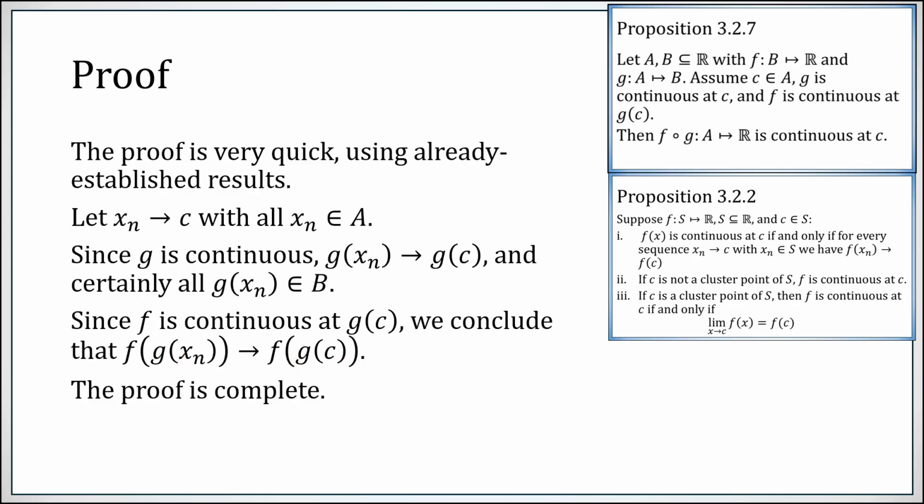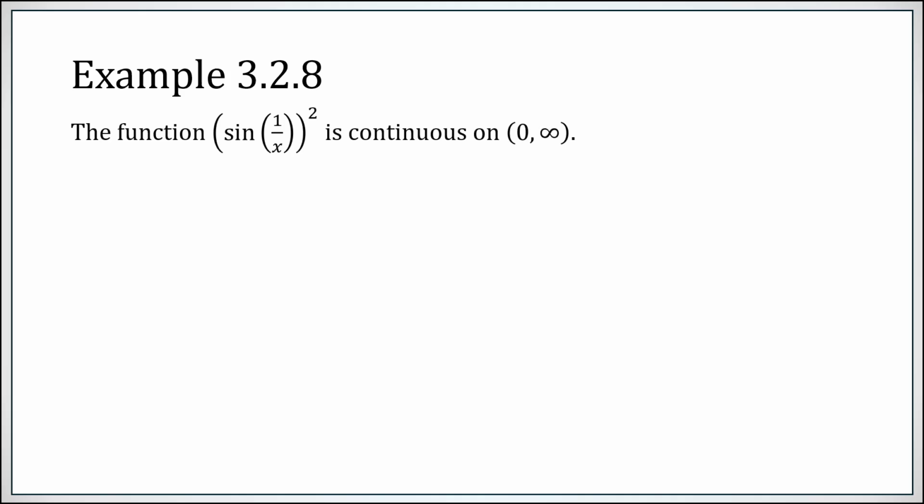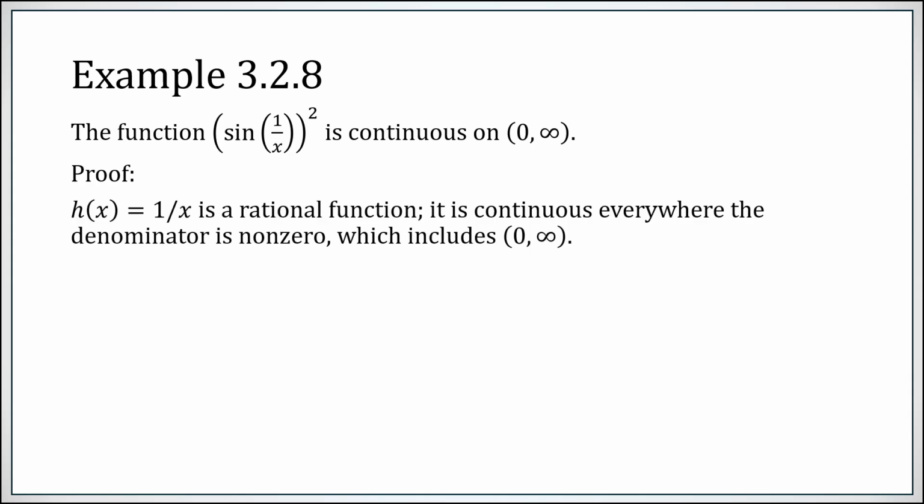We have done a lot of legwork and we're starting to see the rewards. Let's take a look at an example. Sine of 1 over x, all squared, is continuous on the interval from 0 to infinity. Why? 1 over x is a rational function. We've already argued rational functions are continuous everywhere that they are defined. That includes the interval from 0 to infinity as long as you don't include 0.